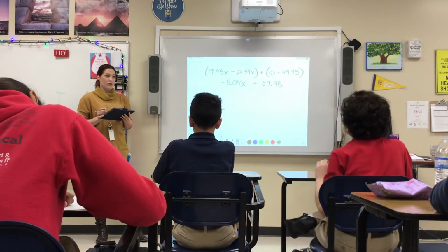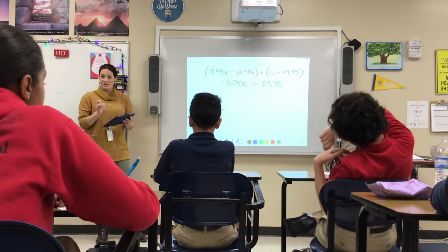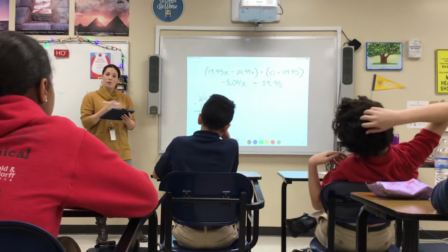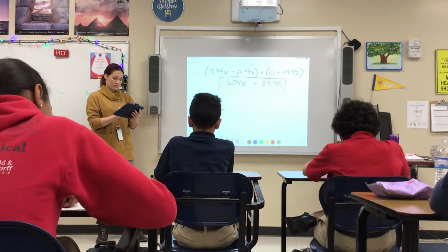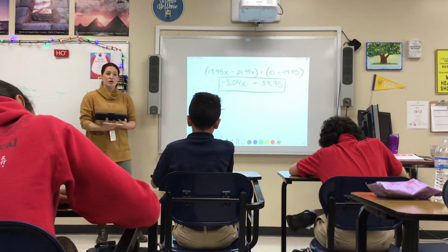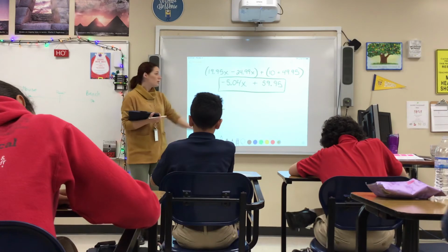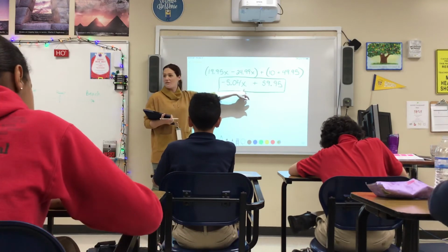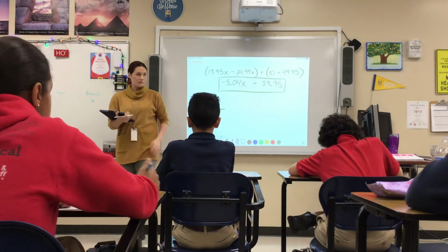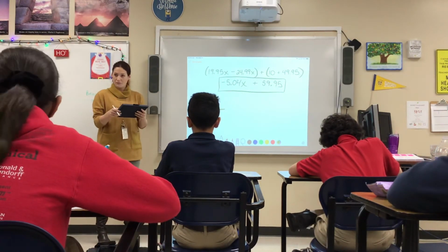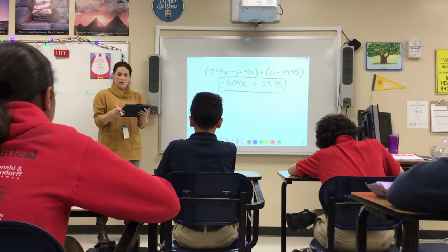And it doesn't ask for a number answer, because we don't have a number answer, we have an expression answer. This represents the difference. So if I was gonna go to the gym for 7 months, I could put 7 in here and figure out what the difference is. Y'all got that written?